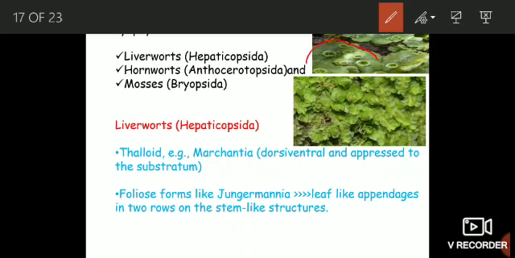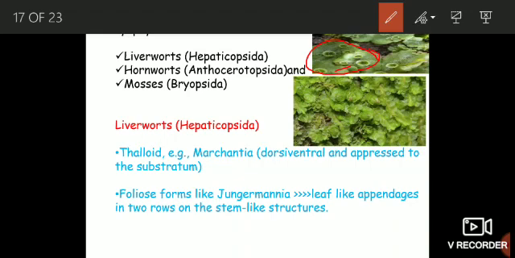You can see clearly in this image, this is the thallus of Mertensia, and it is having dorsal surface, which is upper surface, and the lower surface, which is attached to the substratum, that is known as ventral surface. Okay.